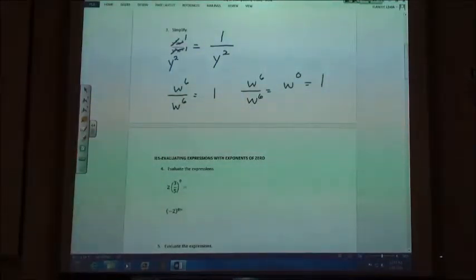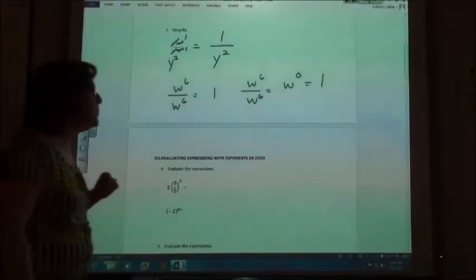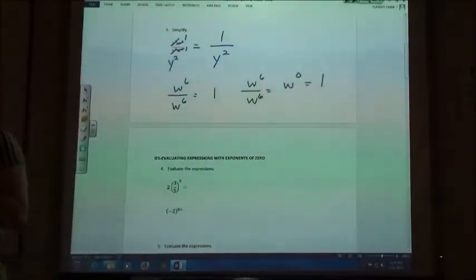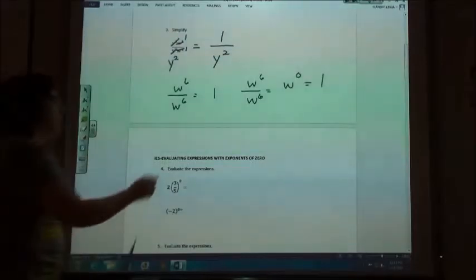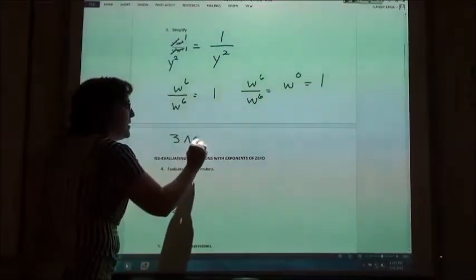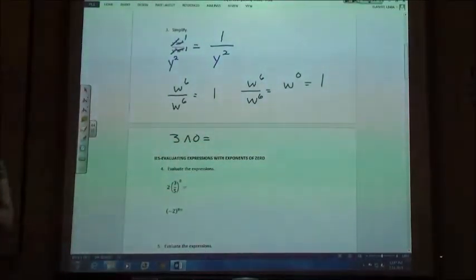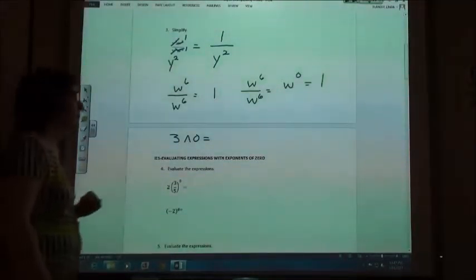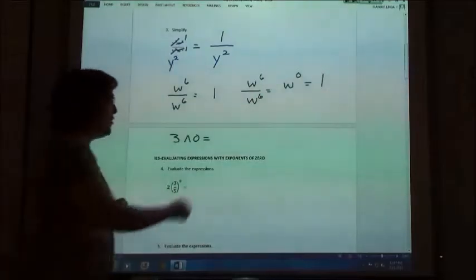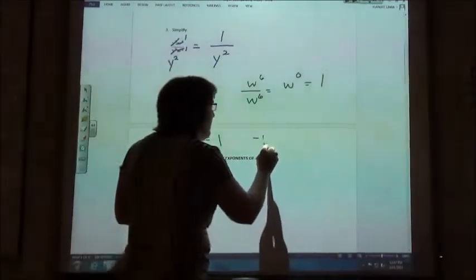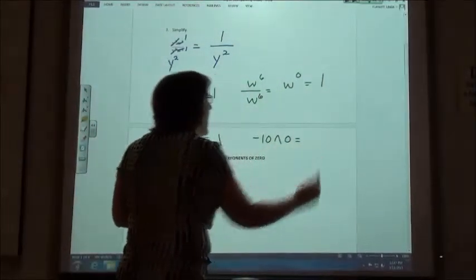So, I'm going to have you grab your calculator just to test out this theory. If you do 3 caret 0, 3 to the 0 power, what do you get? 1. If you do negative 10 caret 0, what do you get?